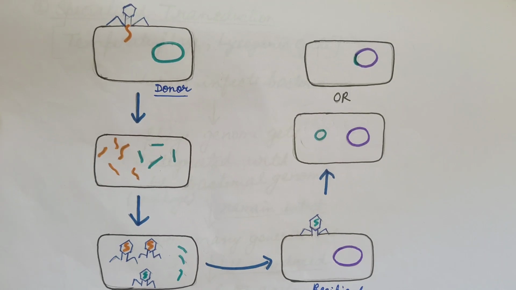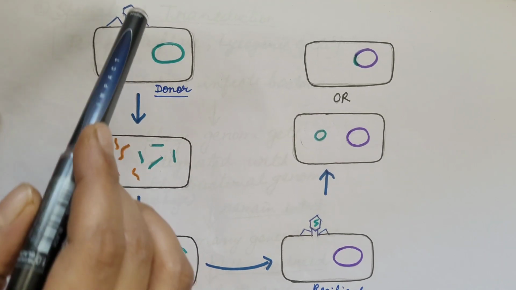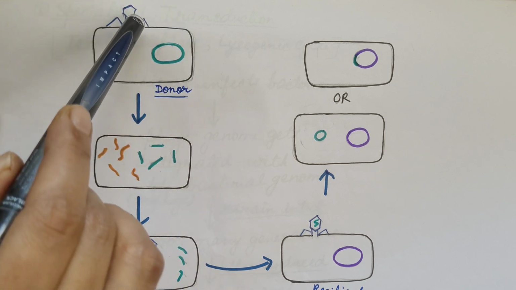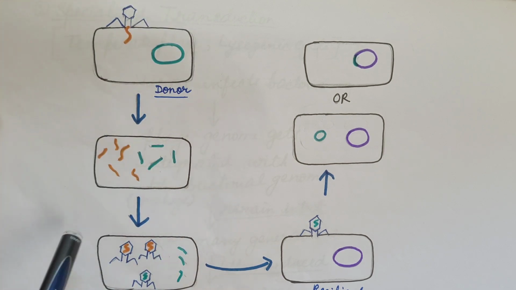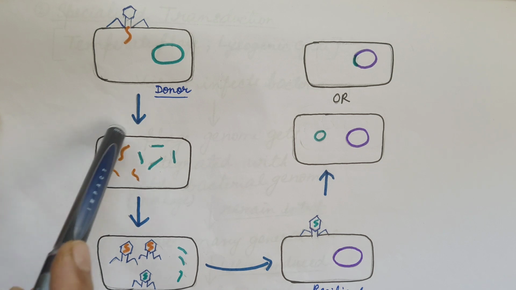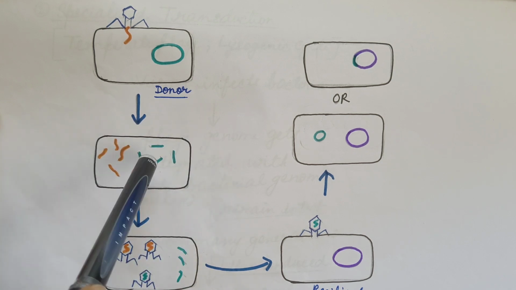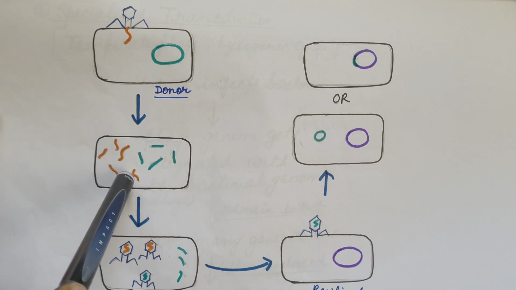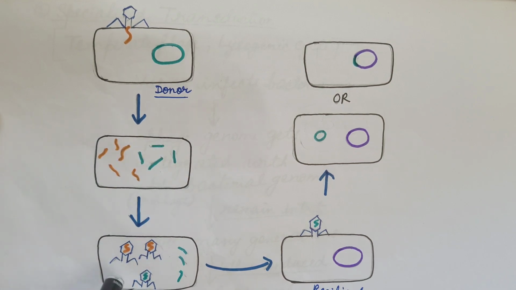So, if we talk about generalized transduction, the virulent phage infects the bacterial cell, penetrates its genetic material and immediately starts the lytic cycle. Also, in generalized transduction, bacterial DNA is hydrolyzed and new viral particles are formed.